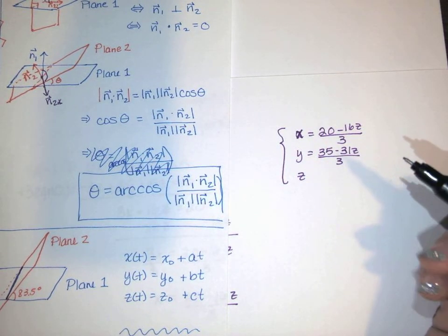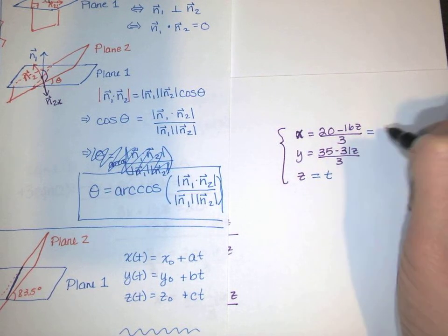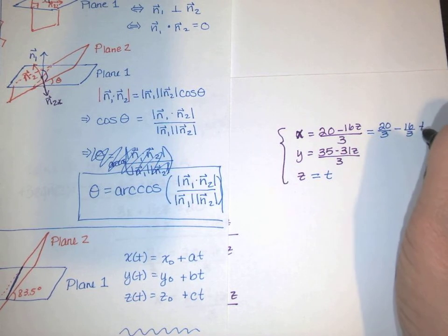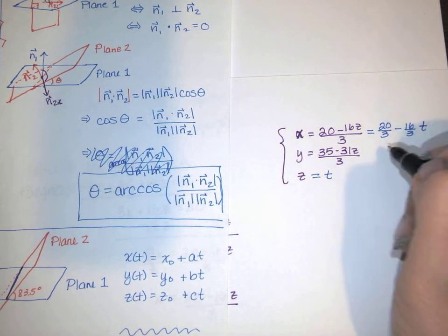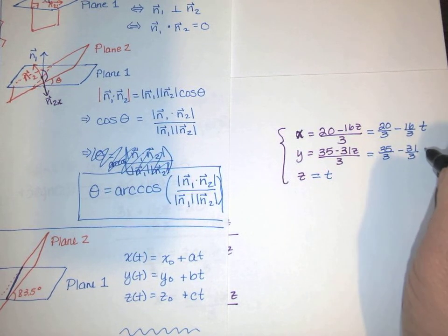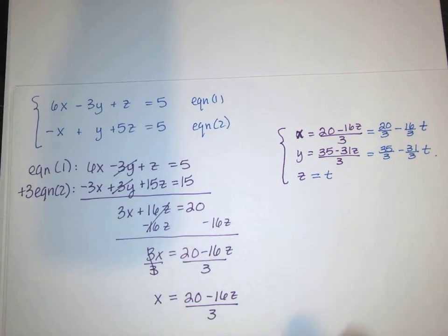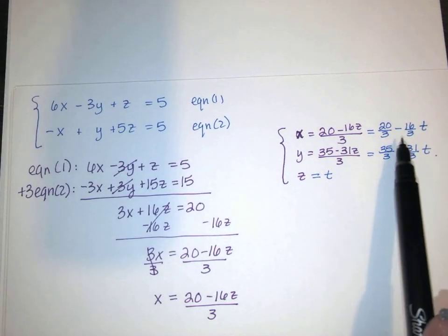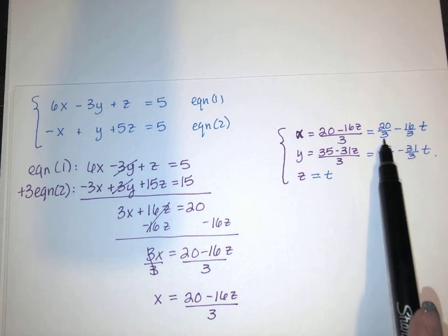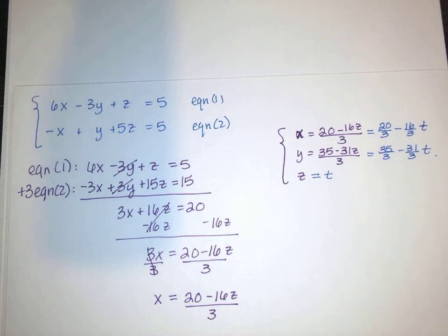How about that? Then if z equals t, x equals 20 divided by 3 minus 16 over 3 times t. And y equals 35 over 3 minus 31 over 3 times t. So now we've got 3 parametric equations of the line. It looks like when t equals 0, x equals 20 over 3, y equals 35 over 3, and z equals 0.